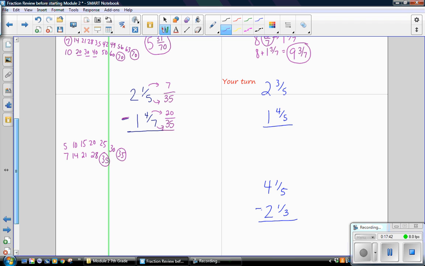Is that 13? Well, you're subtracting a larger number from a smaller number. So what you want to do here is you want to borrow from this 2 and make it a 1. Borrow 35/35. Okay, that's the one that you're borrowing.